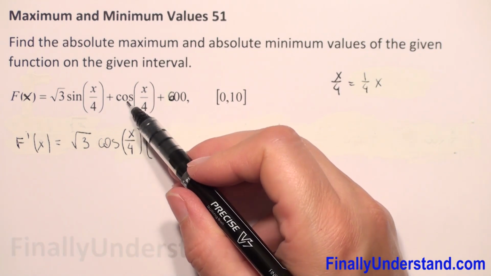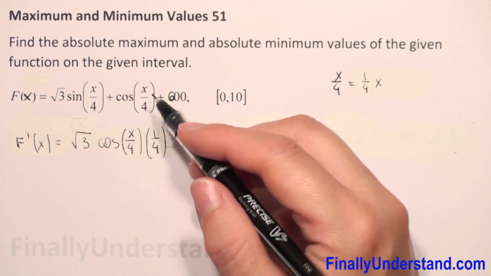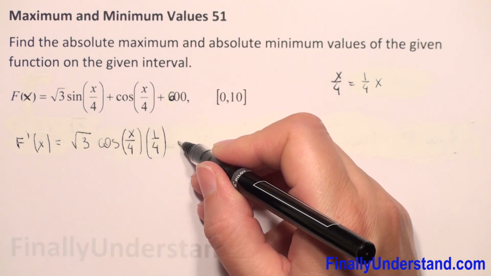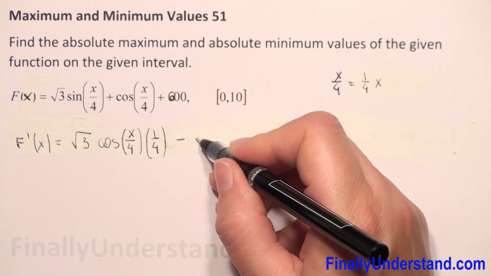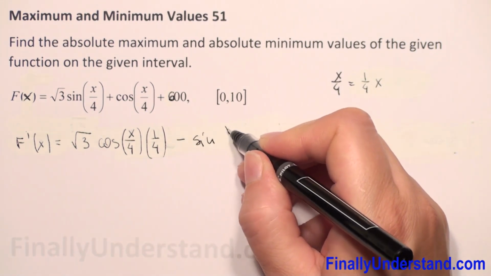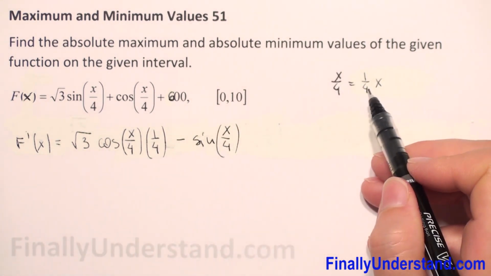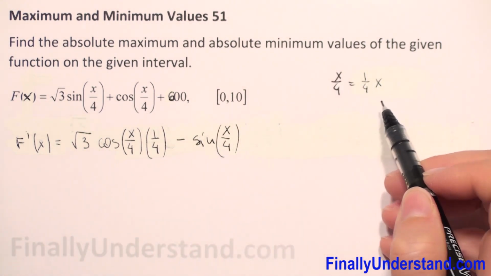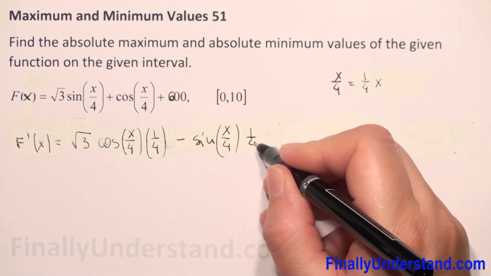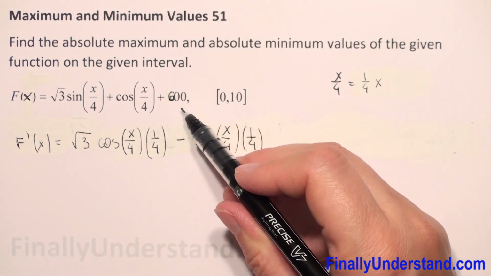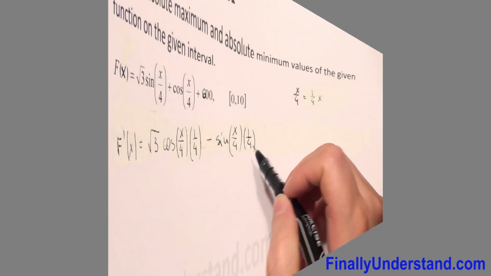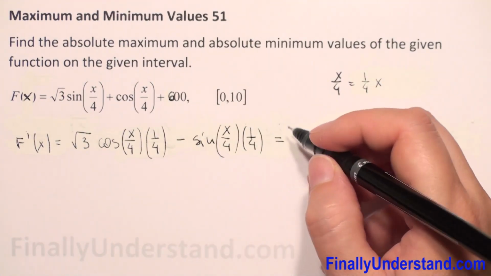Then we have plus the derivative of cosine, which is negative sine, so plus and minus give us minus sine x over 4, and the derivative of x over 4 is again 1 over 4. The derivative of the constant is 0, so we don't have to write it.